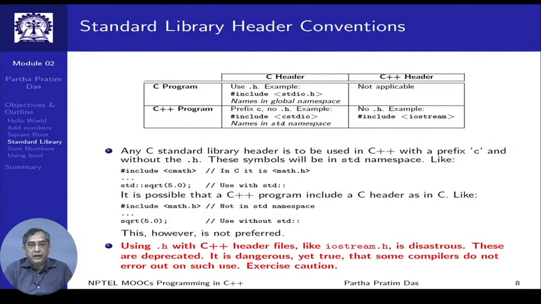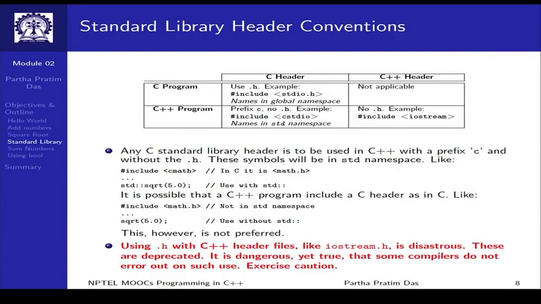So stdio.h now becomes cstdio, and you drop the .h from the name, and all of these symbols from the C standard library now get into the std namespace and have to be prefixed with std::. If you write a C++ program and include the C++ standard library, you will simply include it as #include <iostream>. All standard library headers in C++ do not have any .h in their file extension.